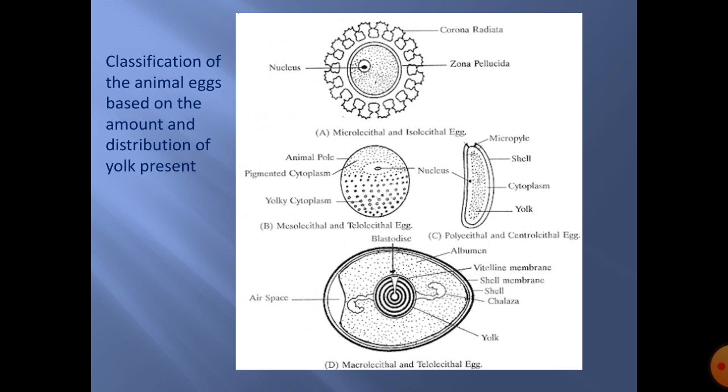Figure B depicts mesolecithal and telolecithal egg, typically frog's egg. Figure C tells you how a polylecithal and centrolecithal egg looks like, insect egg. And figure D shows how a macrolecithal and telolecithal egg looks like, that is reptilian egg or a bird egg or the eggs of egg-laying mammals.